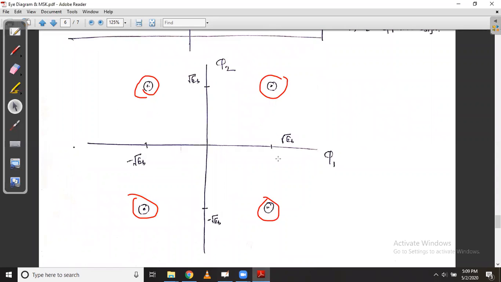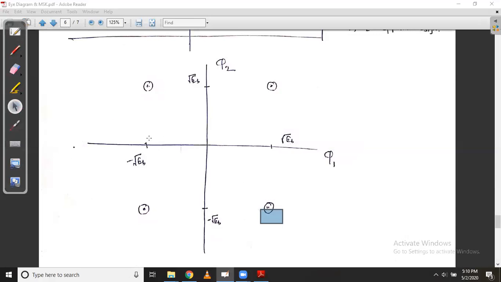What is the coordinate of this message point? Plus root of Eb, minus root of Eb. Coordinate of this is minus, minus. Coordinate of this is minus root of Eb, plus root of Eb. Coordinate of this, both are plus, plus. So in that way, we are getting 4 different message points on 4 different coordinates of the constellation diagram.